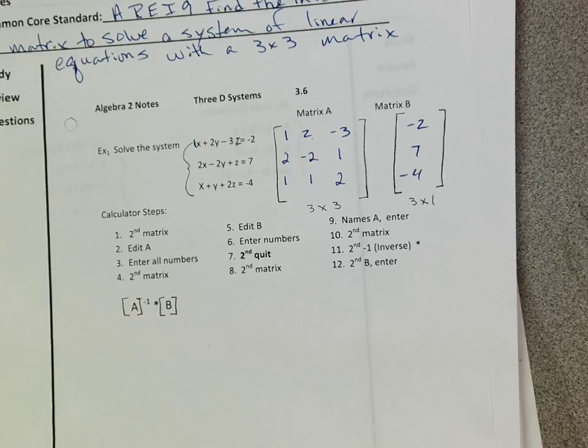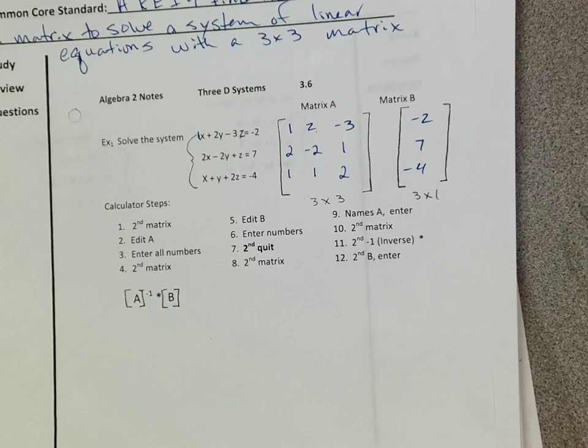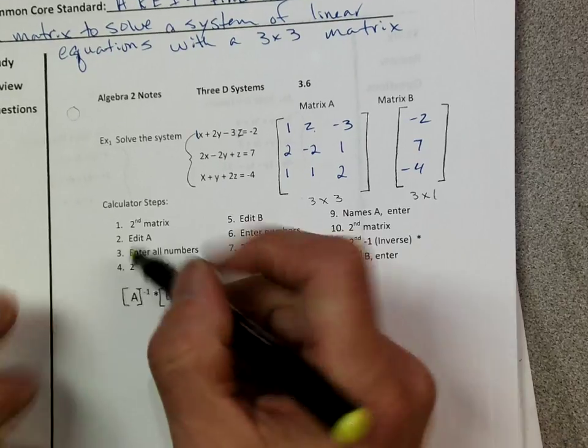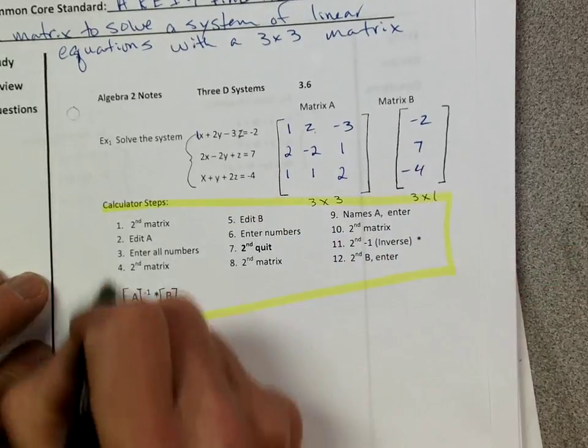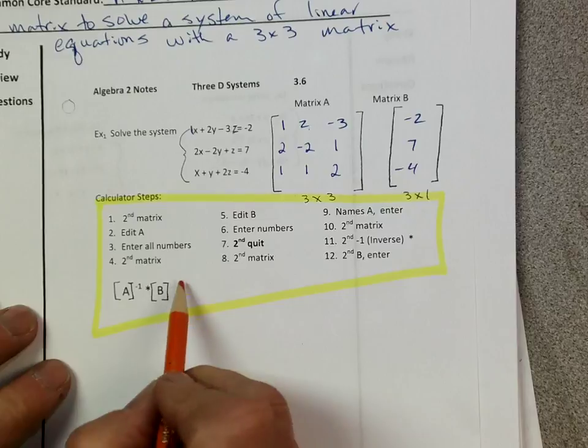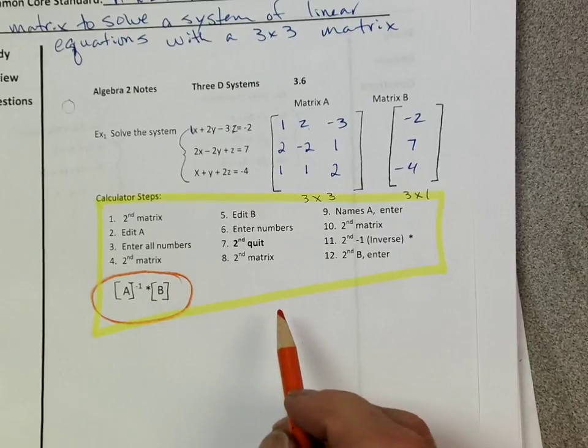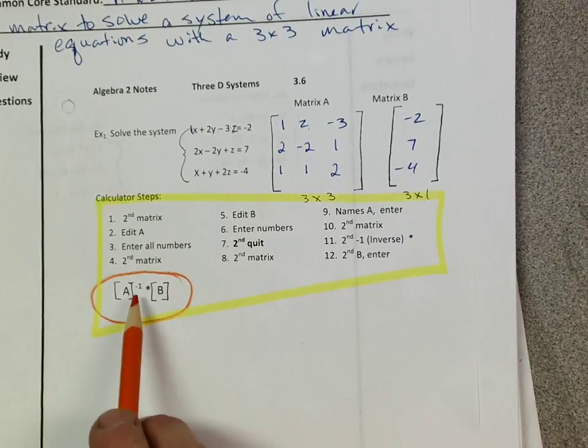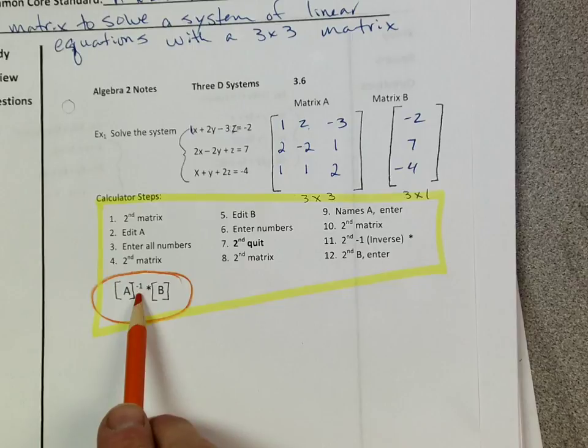Now, how do we put it in our calculator? Well, the steps are here, and I'll go through it slowly with you, okay? Ultimately, what we need is this symbol in our calculator, and this little negative button means inverse. So we really are going to do an inverse of a matrix, but we're going to let the calculator do it for us, okay?